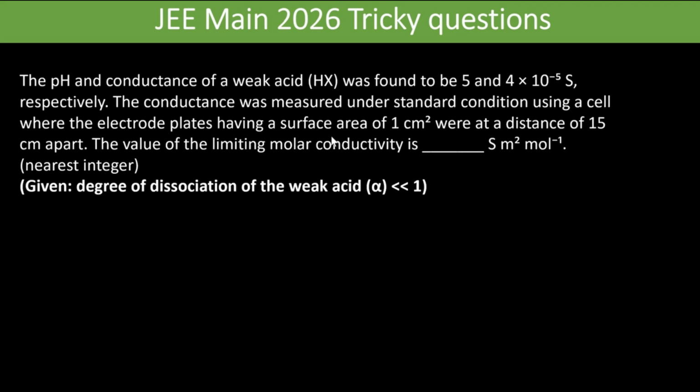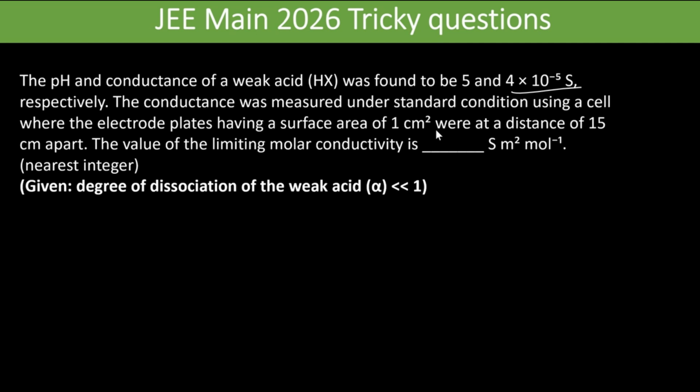The next question: the pH and conductance of weak acid was found to be 5 and 4 into 10 to the power minus 5 Siemens. And the conductance was measured under the standard condition using a cell, whose electrode surface area is 1 centimeter square, at a distance of 15 centimeter apart. The value of the limiting molar conductivity is. Okay.